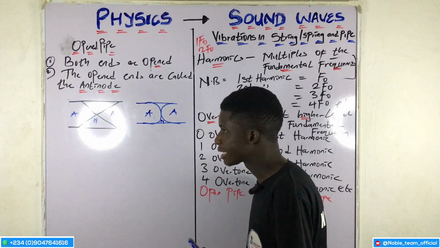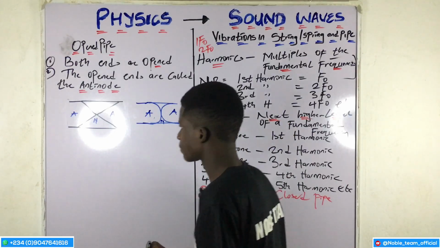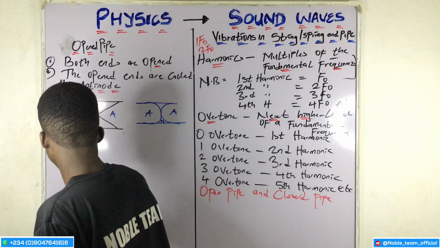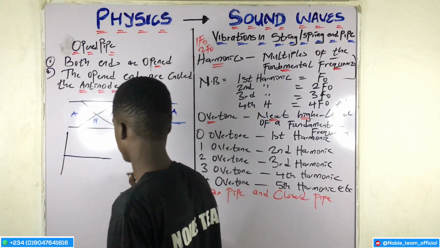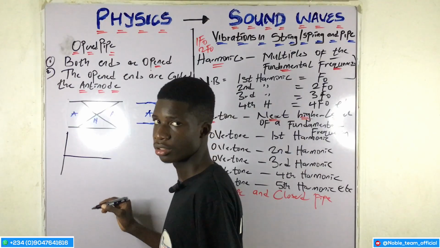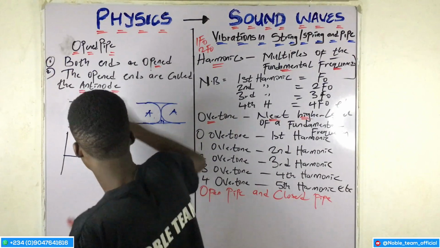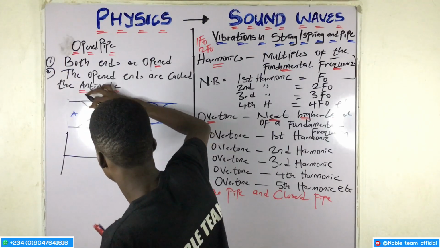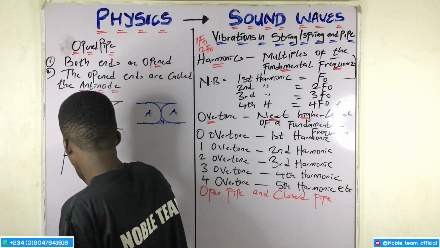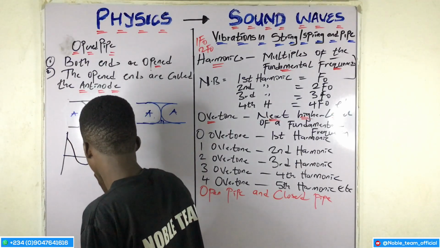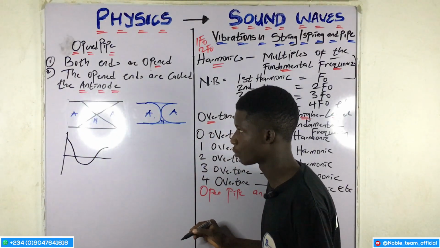Remember that in waves we have something like this. And if I want to represent this, I want to draw an open pipe. I can choose to draw it like this and like this.